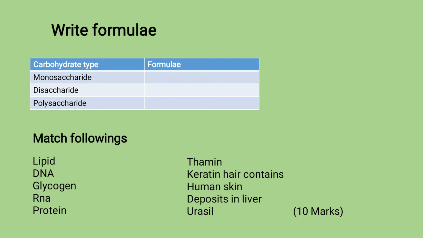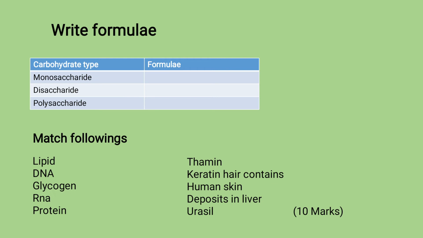Then the next one, match the following. Lipid can match with human skin because human skin has a lipid layer. DNA with thiamine. It contains nucleic acid thiamine. Glycogen deposits in liver.